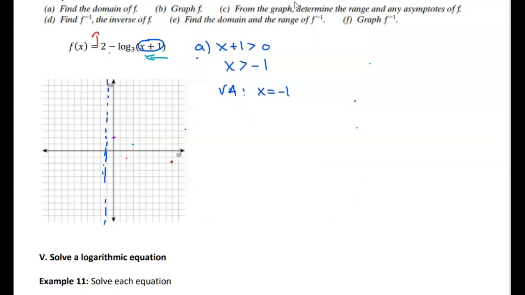Okay, so (1, 0) went to (0, 2), (3, -1) so we need to go (2, 1), and (9, -2) we need to go (8, 0). Okay, those are my points. And so this is going to be like this. This is 2 minus log base 3 of (x plus 1).